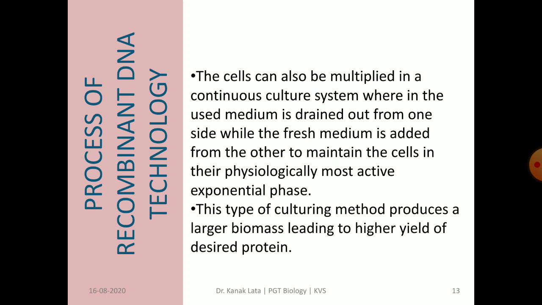These transgenic cells can be multiplied in a continuous culture system where used medium is drained out from one side and fresh medium is added from the other side to maintain the cells in their physiologically most active exponential phase. As a result, it produces larger biomass leading to higher yield of desired protein.